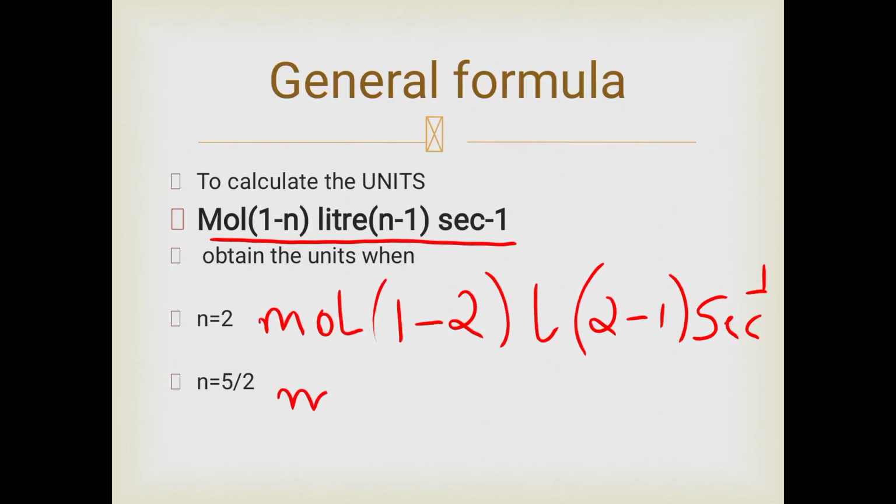So it will be mole minus 1, because 1 minus 2 is minus 1, your liter is 2 minus 1, that is 1, and as usual seconds is minus 1. So this is your unit for second order, mole inverse, liter, second inverse. You can try it out for all the orders.